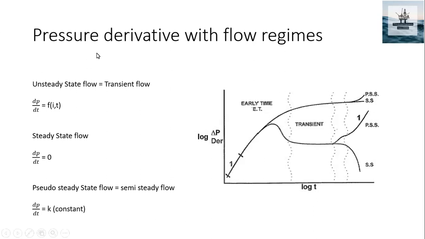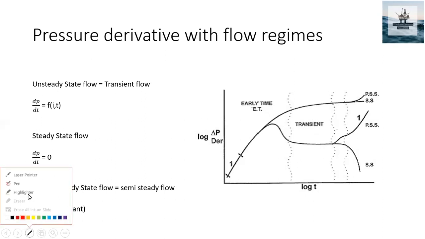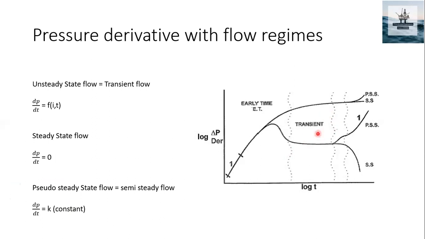This pressure derivative analysis will help us understand up to where the condition prevails as unsteady state flow. Here they have written it as transient. Transient is nothing but unsteady state flow. So the transient period will end up to here. This is the pressure buildup graph, and this is the derivative graph.